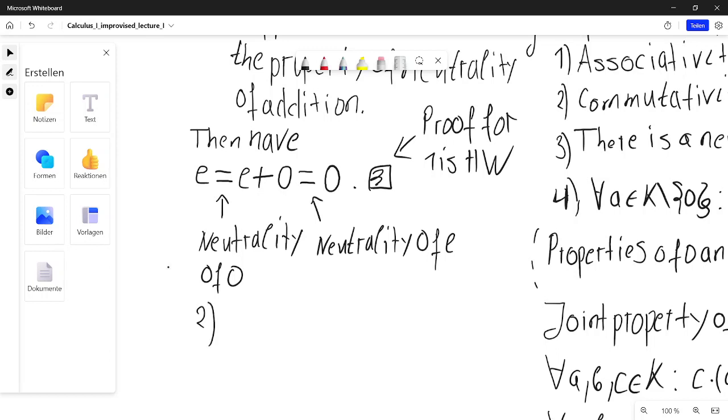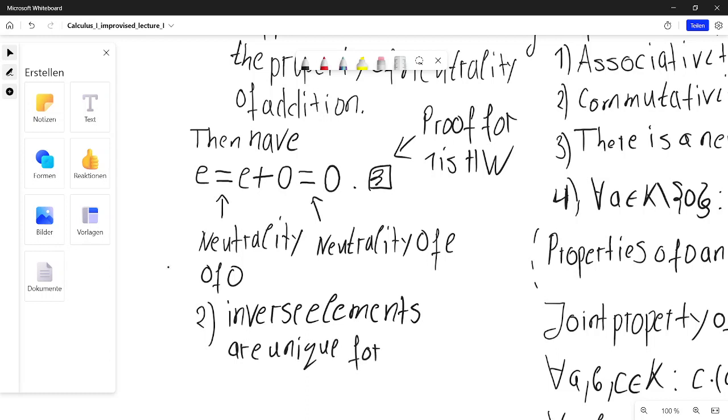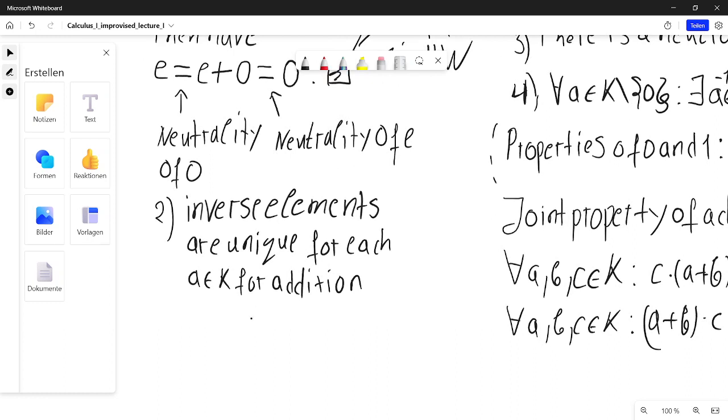Then inverse elements, that is of addition and of multiplication, are unique, for A in K for addition, because for addition every element has an inverse element, and for each B element of K without 0, for multiplication.